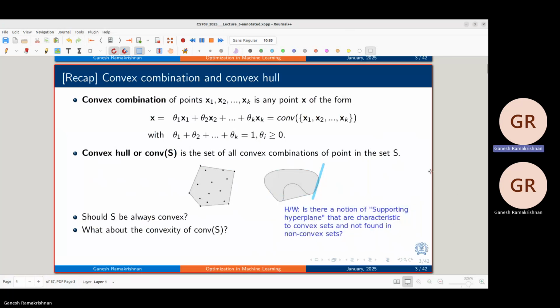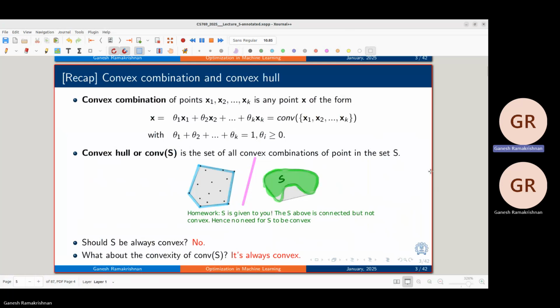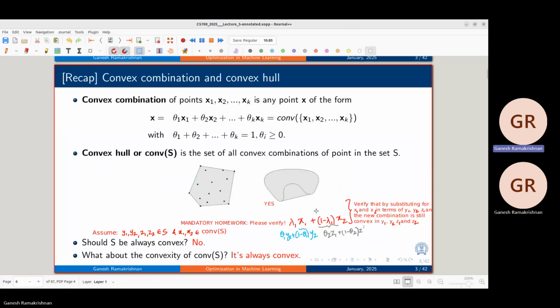So the separating hyperplane is a more generic property, the separating hyperplane theorem, and I had left you with a couple of homeworks.